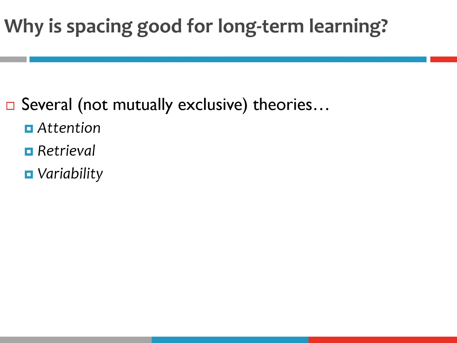So why is spacing, or distributed practice, an effective strategy? Because when you're engaging in cramming, you're unable to sustain your focus on that information as effectively for an extended period of time as you would for a shorter period of time. There's also natural forgetting that happens when your study sessions are spaced apart in time, and that natural forgetting means that because the information no longer resides in your short-term memory, you have to engage in retrieval practice in order to get that information out of your long-term memory.